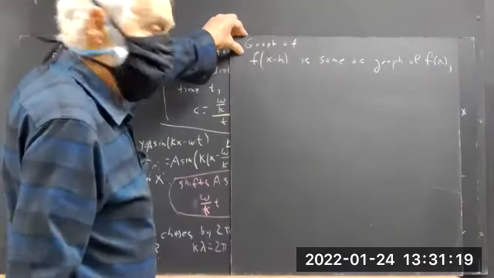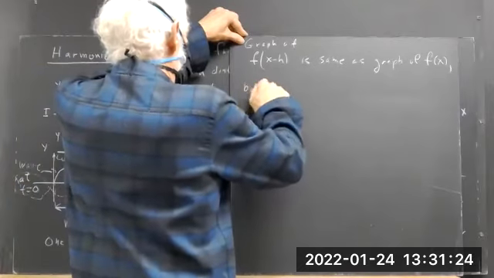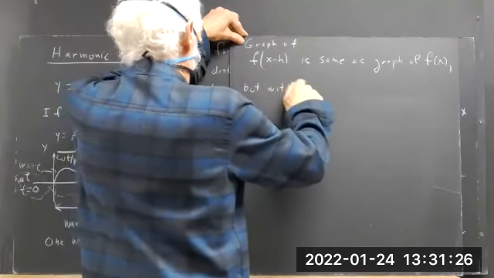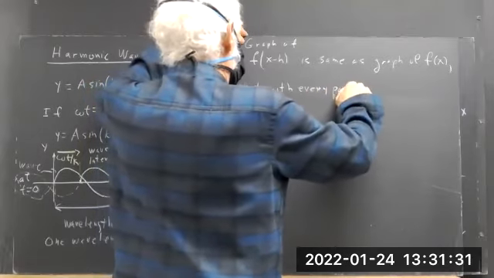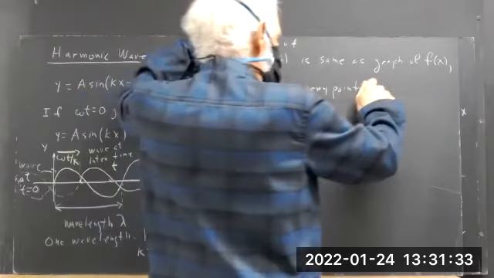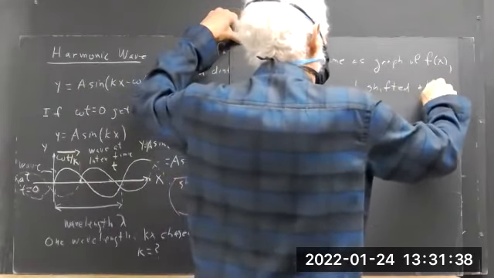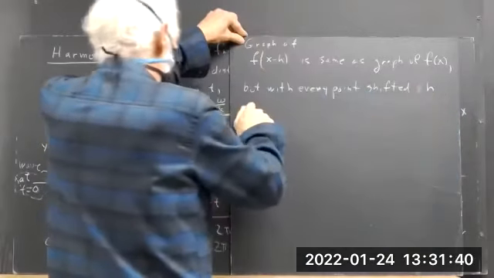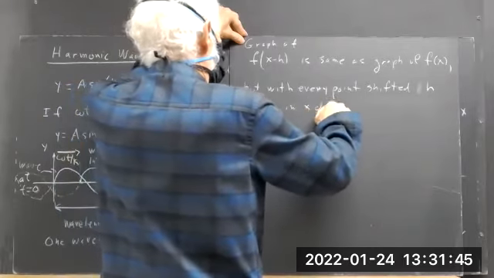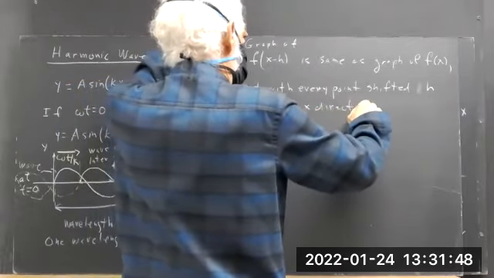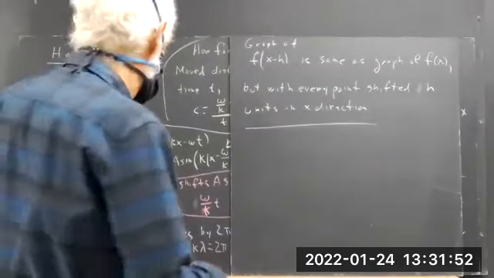The graph of f of x minus h is the same as the graph of f of x at every point shifting h units in the x direction. Okay, that's the rule.